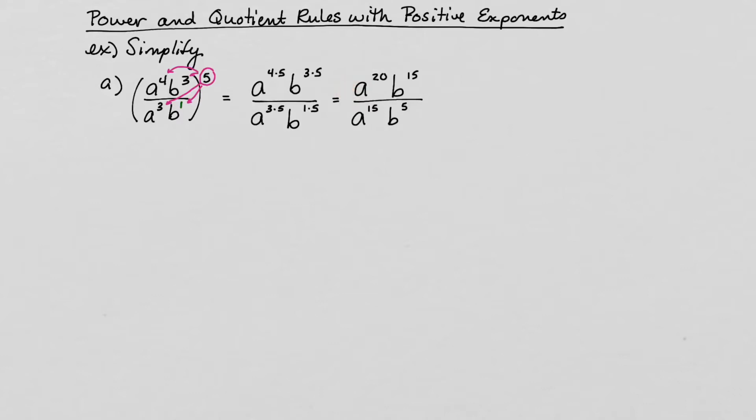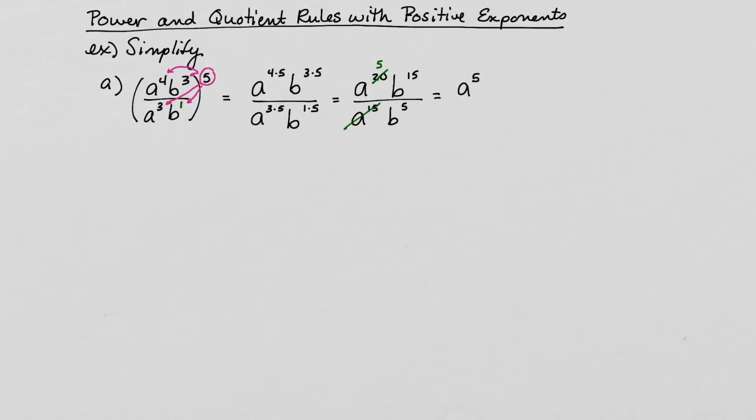If you notice, down here I have 15, but up here I have 20. So I have 5 more a's on the top, and I'm going to be left with an a to the 5th. Sometimes you'll see people do this. They'll cancel them. They'll say that these 15 a's cancel out 15 of these, and we're left with 5 of them.